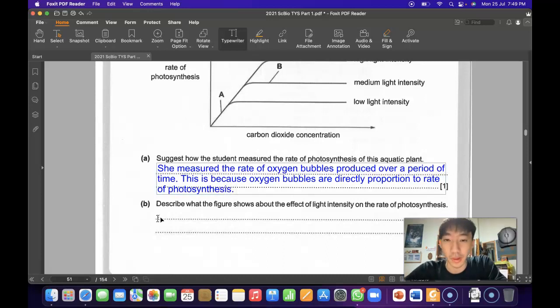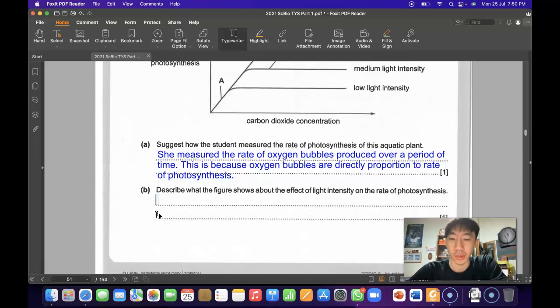The most obvious way is to measure the oxygen bubbles, and that's the easiest way. Count bubbles. It's even easier than measuring the volume. Nobody actually measures the rate of photosynthesis chemically, because there is too much chemistry to do.